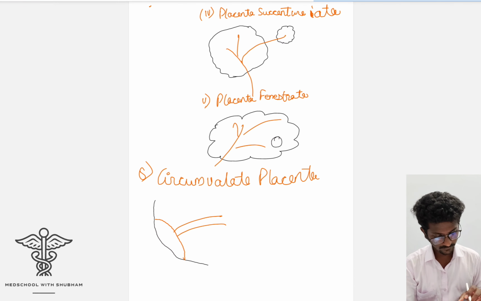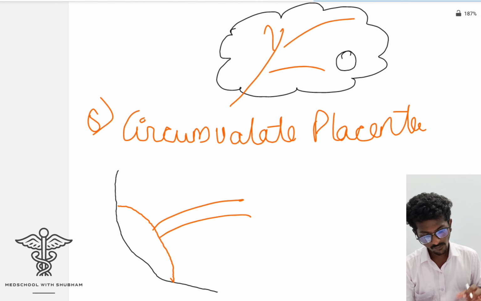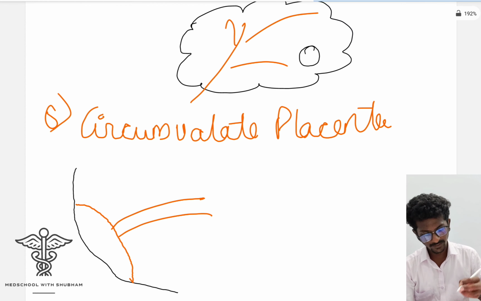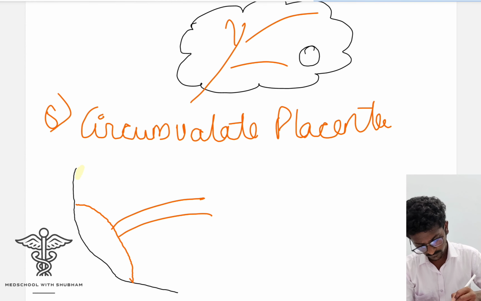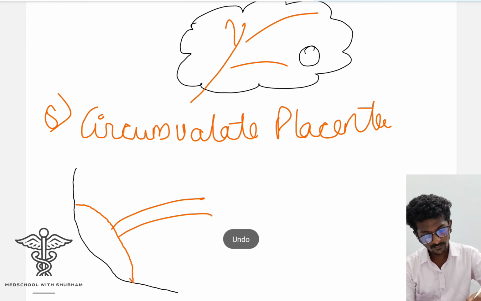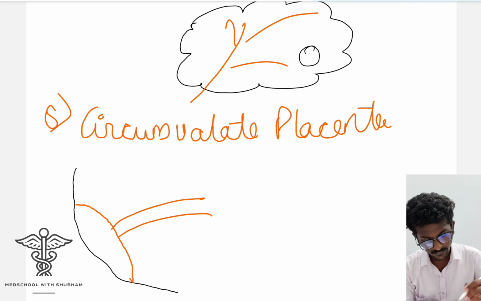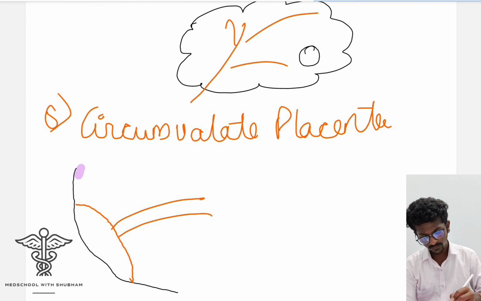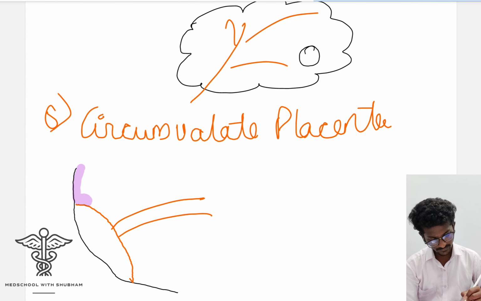Now what will happen? A new layer of decidua will be formed from both the sides, and it will cover the placenta in this way.